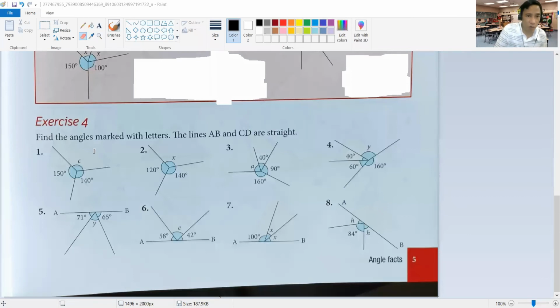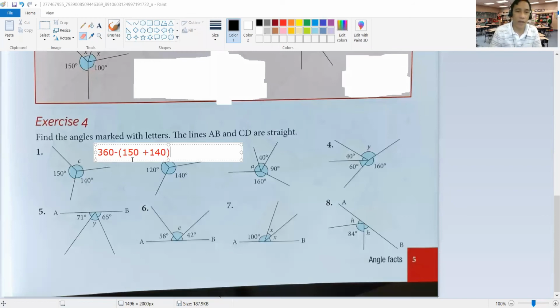So from question number 1, since the circle has 360 degrees, remember, 360 minus 150 plus 140. All you have to do, if you want to do that, is put brackets here. Or you can do it directly like 360 minus 150 minus 140.